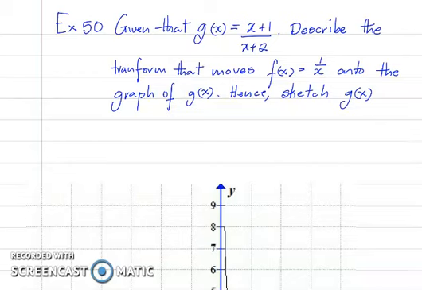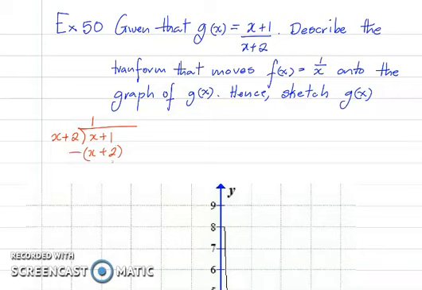Given that g of x is equal to x plus 1 over x plus 2, describe the transformation that moves f of x is equal to 1 over x onto the graph of g of x, and sketch g of x. But first of all, let's do the division, and we're going to have x plus 2 into x plus 1. X goes into x one time, 1 times x plus 2 is x plus 2.